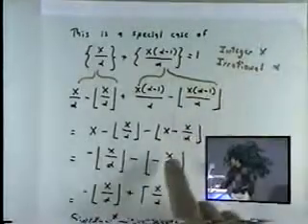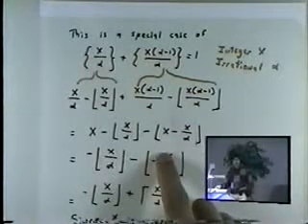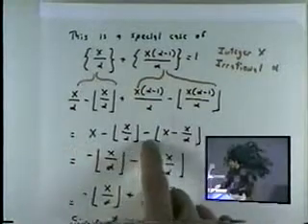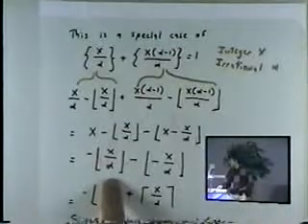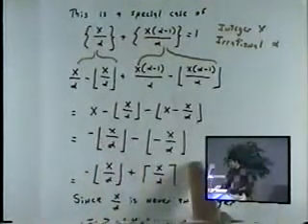Now, x is an integer. If you have an integer within a floor, you can take that out. Okay? You can pull that thing out. And so this is really going to be x minus x. And what I'm going to be left with is minus x over alpha minus the floor of x over alpha. Okay? Any questions?